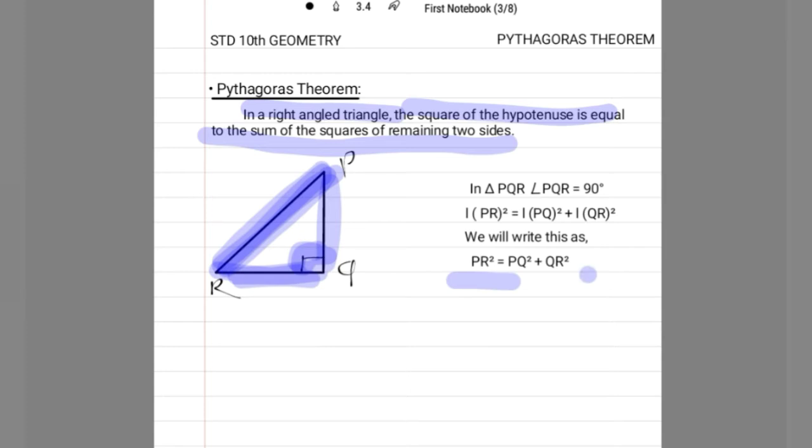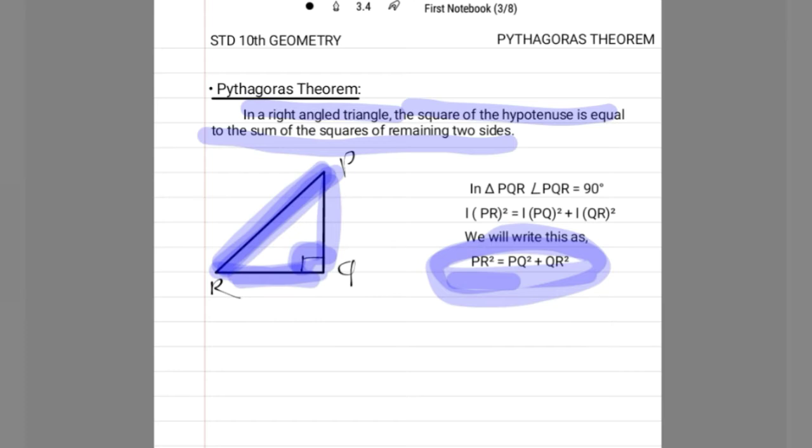So this is what we get, and this we have learned in our previous classes, so we are just revising it here. So let's see the next topic now. This is the only thing which we have to prove in this theorem, nothing else, nothing new in that, right?